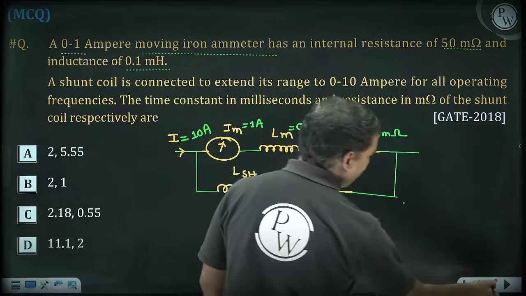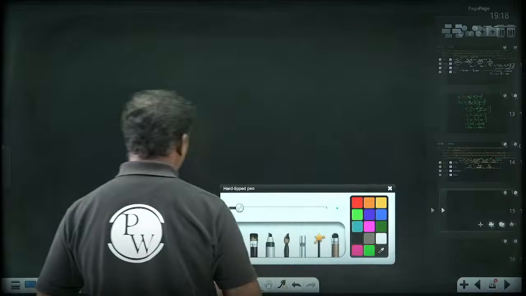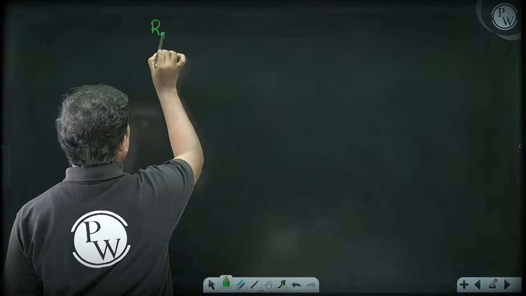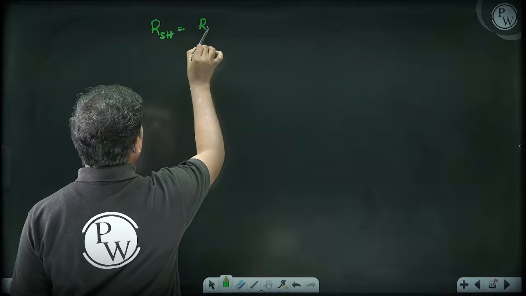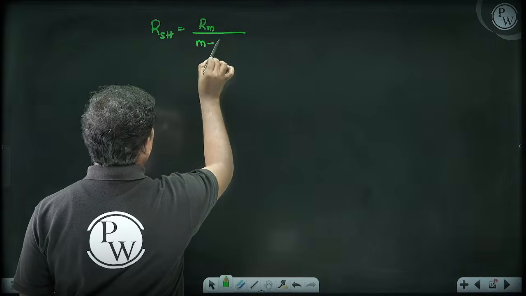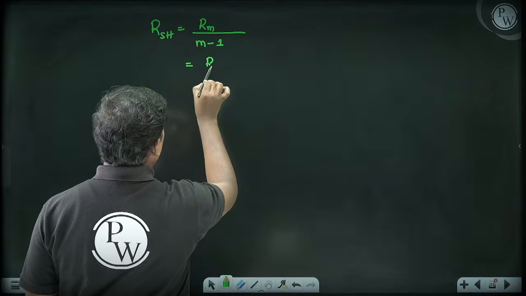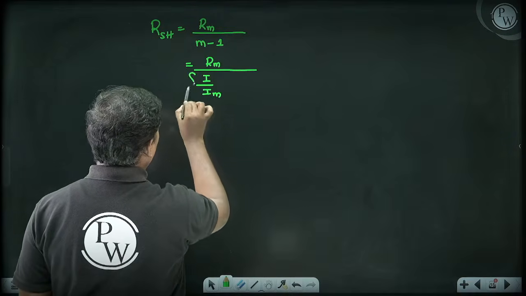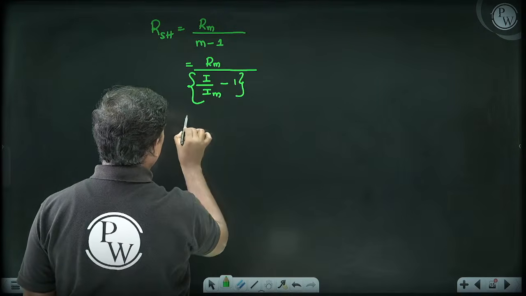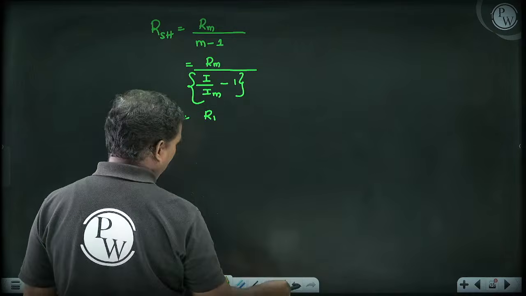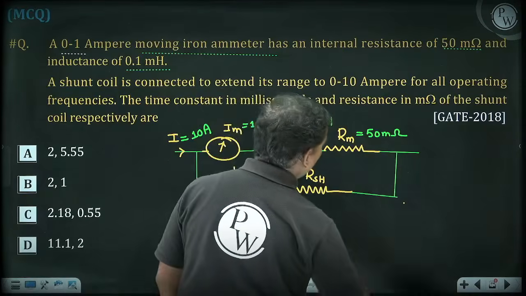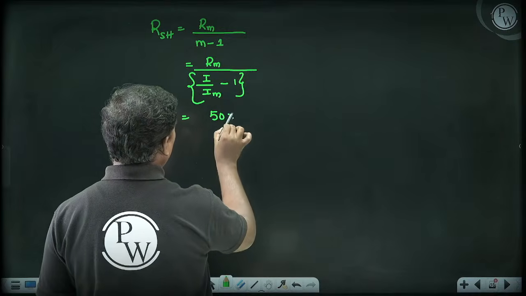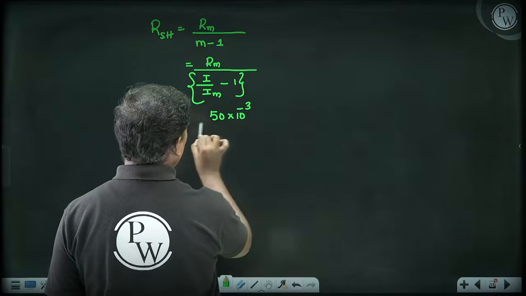So first of all, we can find out the Rsh. Directly we can use the formula of Rsh. Rsh is equal to Rm by (m minus 1), that is Rm by (I by Im minus 1). From the data, what is the meter resistance? 50 milliohms, so this is 50 into 10 power minus 3.